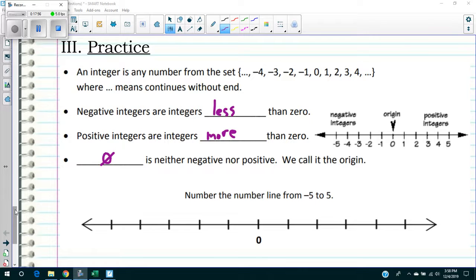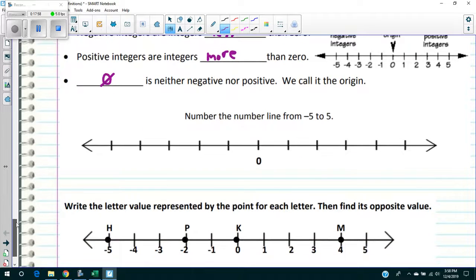The next part, you have to order these numbers, or number the number line, which is not difficult.